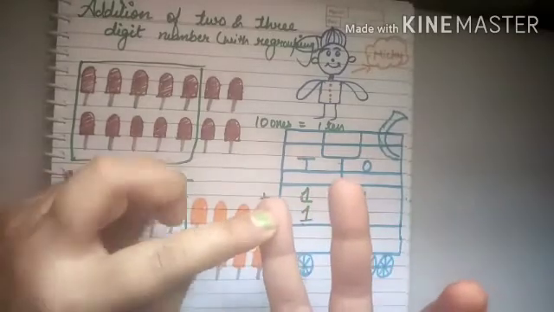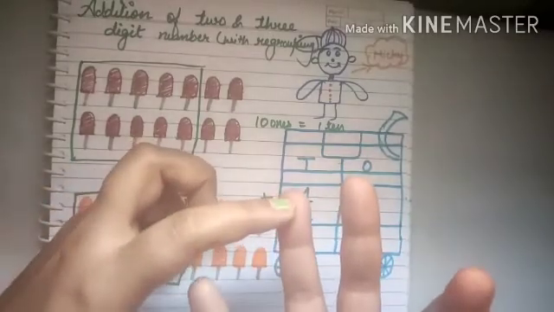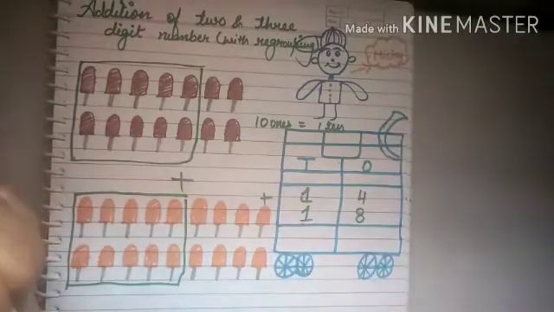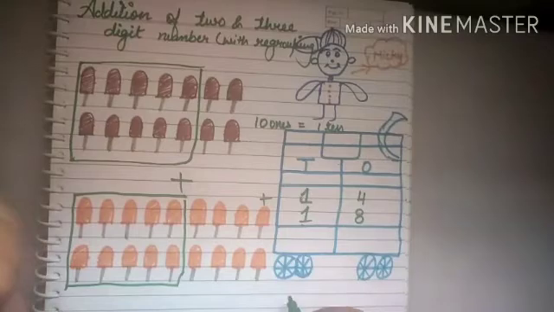Okay, 8, 9, 10, 11, 12. So what did I get? 12, right.